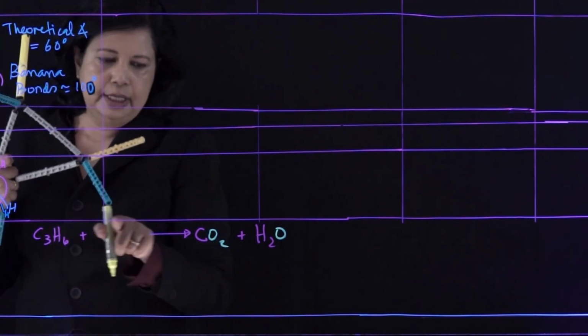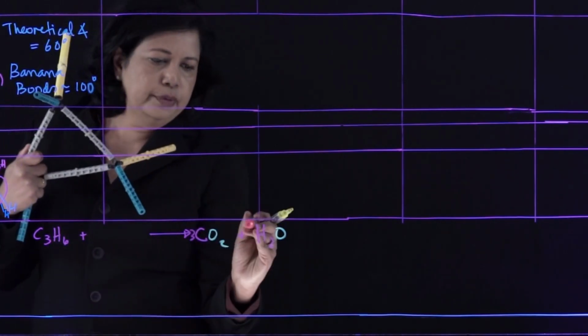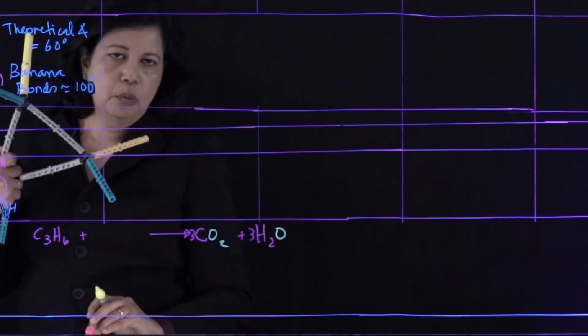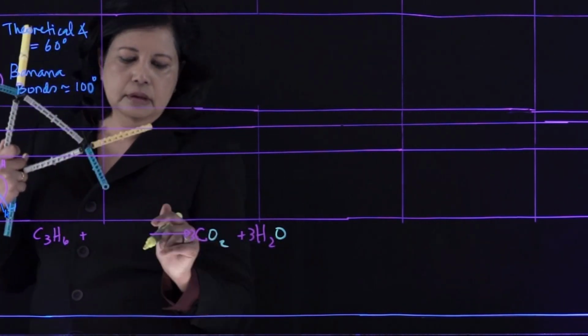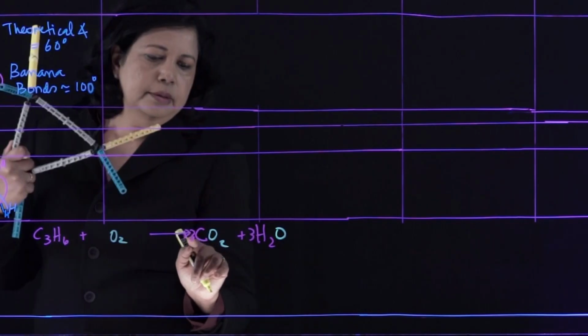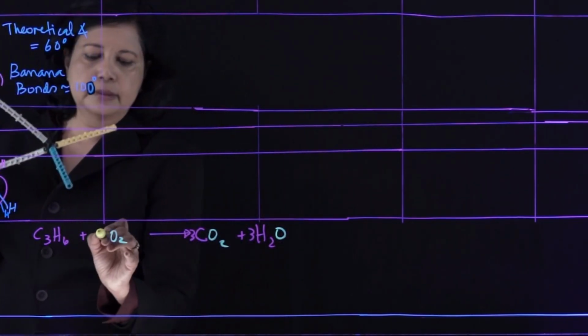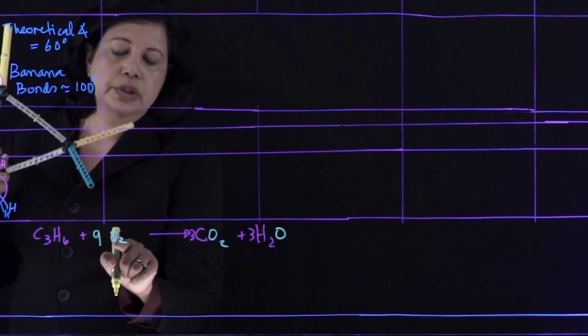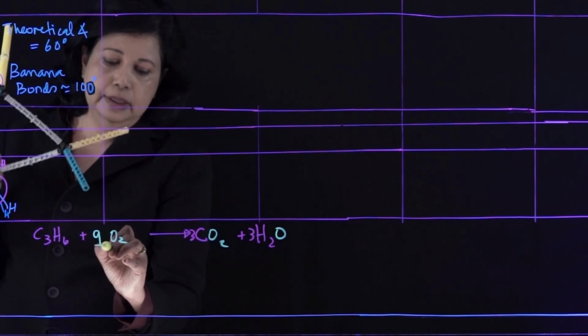So here you should get 3 carbon dioxides, and with 6 hydrogens, you should have 3 times 2, 6 water molecules. But that really won't balance out the oxygen here. So 3 times 2, 6 oxygen atoms, plus 3, is 9 oxygen atoms. But oxygen molecules have 2 atoms per molecule, so that's 9 over 2.